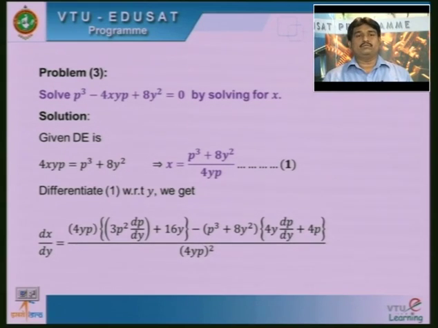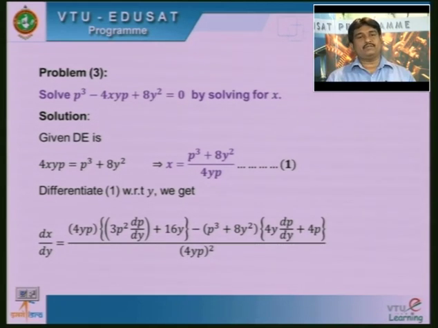As you know, the method for solving differential equations which are solved for x is: step 1, express the equation in terms of x. Step 2, differentiate that equation with respect to y and simplify to get an equation in terms of p and y only.